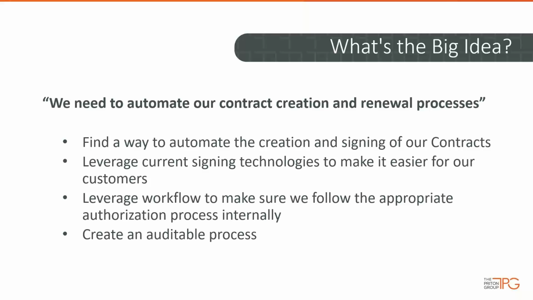We need a way to leverage those digital signing technologies to make it easier for customers or anyone signing the documents. We needed to leverage the workflow to make sure that we followed the appropriate authorization processes so that everything went according to the design and things are returned in a timely fashion and returned appropriately.